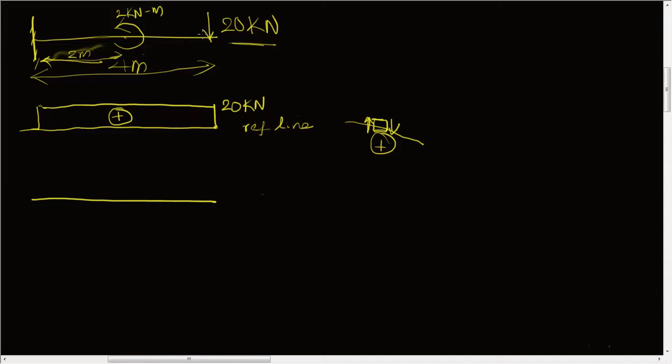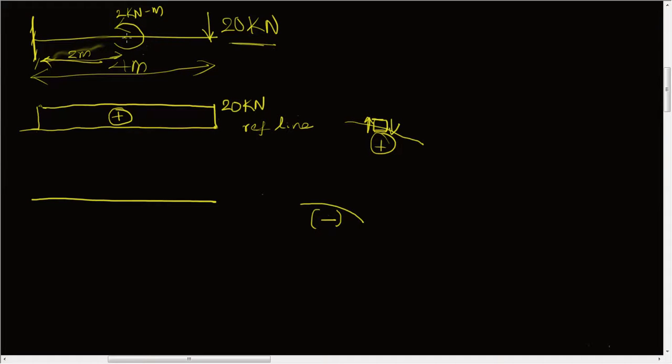Okay, since this load is bending the beam like this, this load is causing hogging bending moment. This is called hogging bending moment, and it is said to be negative. Okay, so we have to draw on the bottom side of the reference line. While drawing the bending moment diagram, we should draw on the bottom side of the reference line.